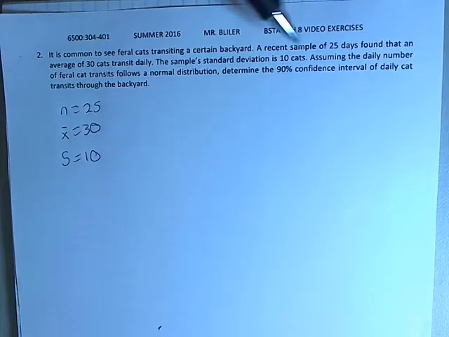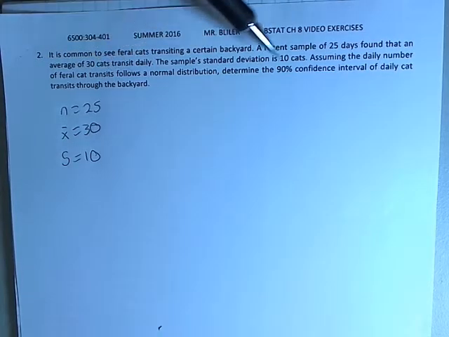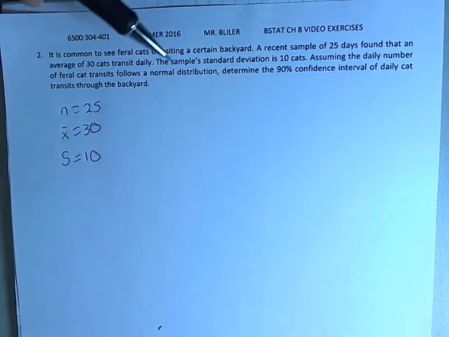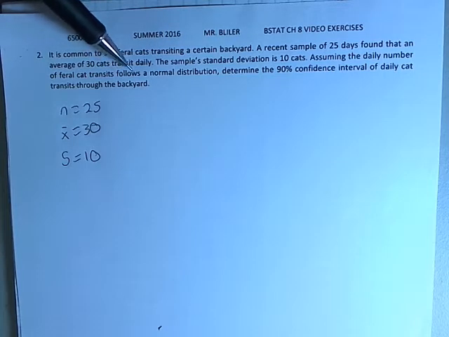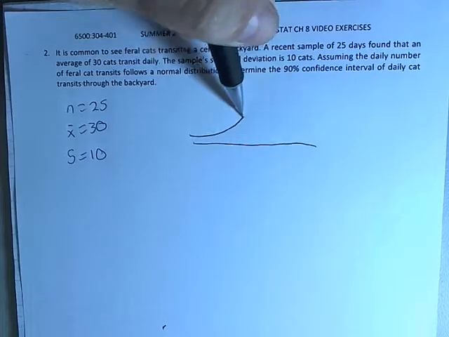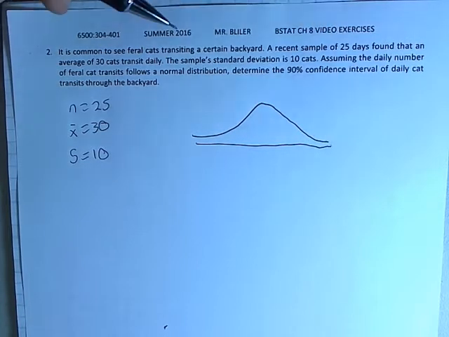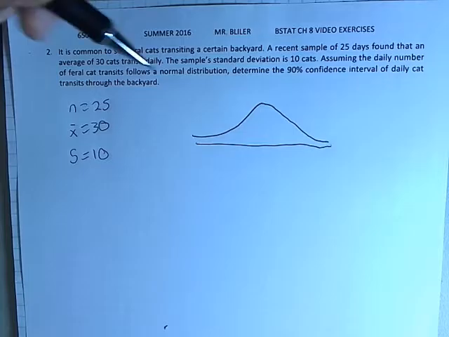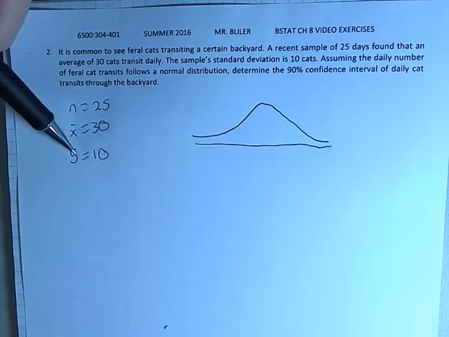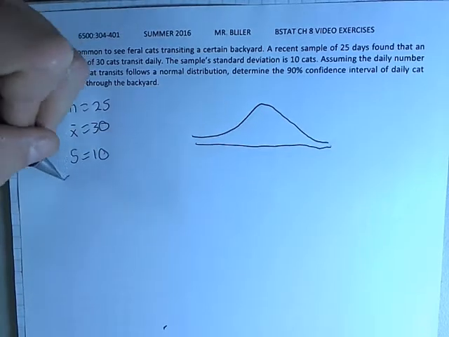Here we're told that the daily number of cat transits, which implies the population, every day's number of transits, follows a normal distribution. So that's going to get us into using our standardized normal distribution. In this case, it's going to be the t distribution because we're working with a sample standard deviation and we don't have the population standard deviation available.